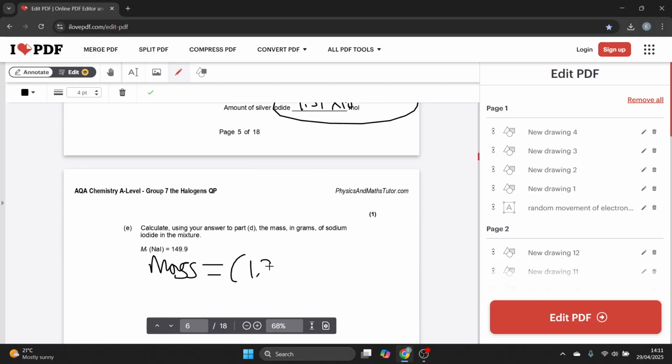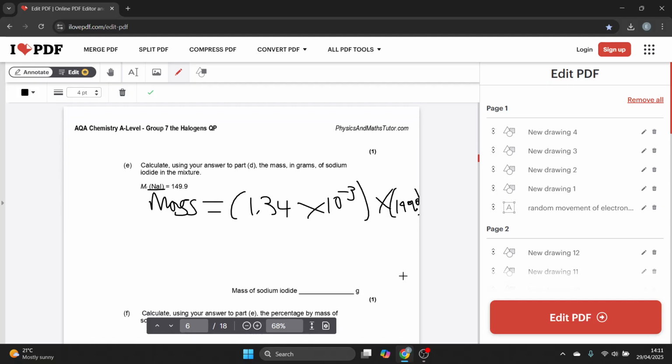So 1.34 times 10 to the power minus 3 times the MR of sodium iodide, 149.9, which gives 0.201.